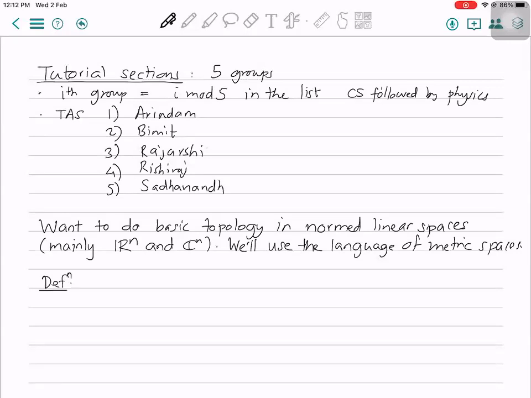So what did we call a metric space last time? X or M? I think X. A set X with a distance function from X cross X to the reals.